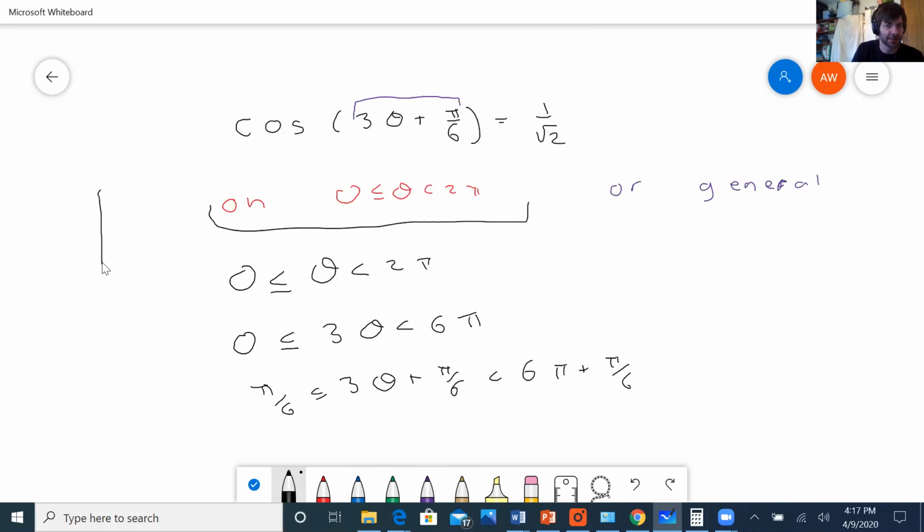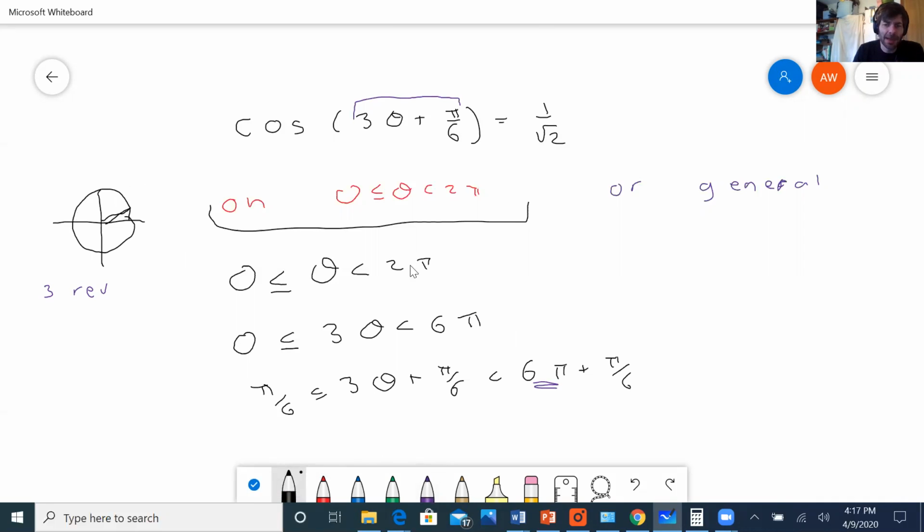So pi over 6 is down here, and then I want that one and 3 more revolutions off of that, because 6 pi.